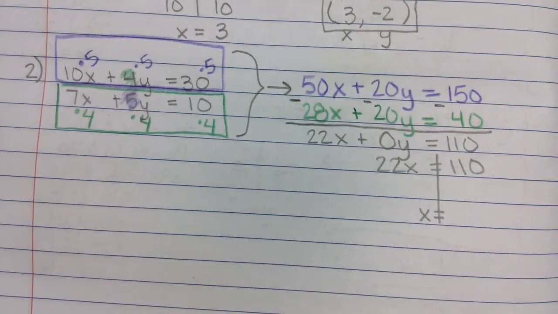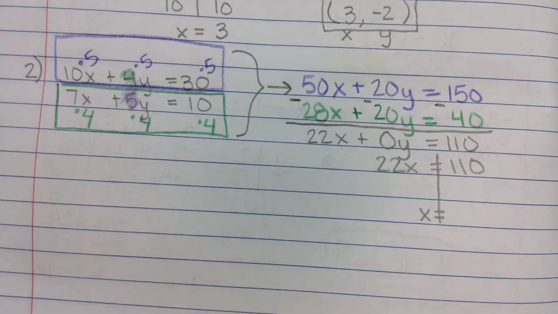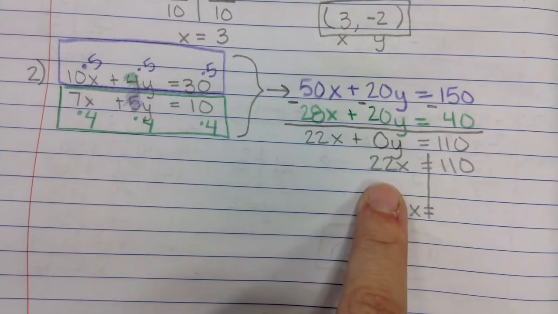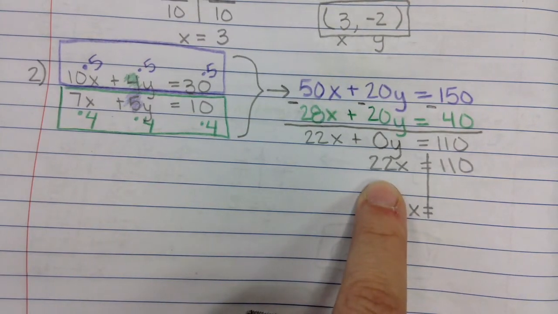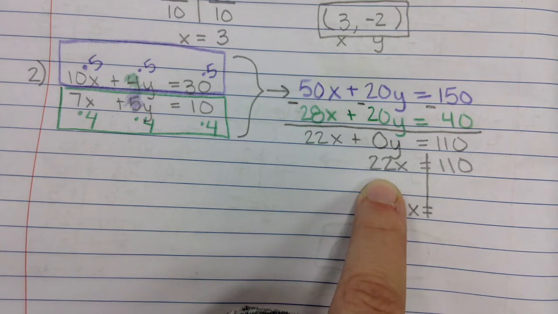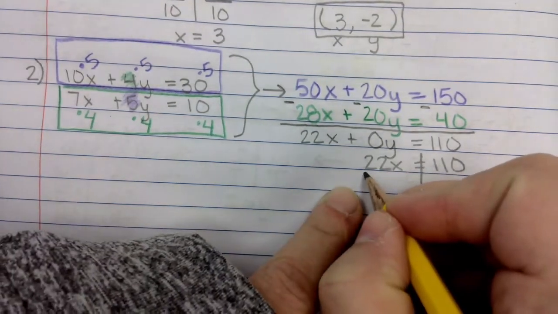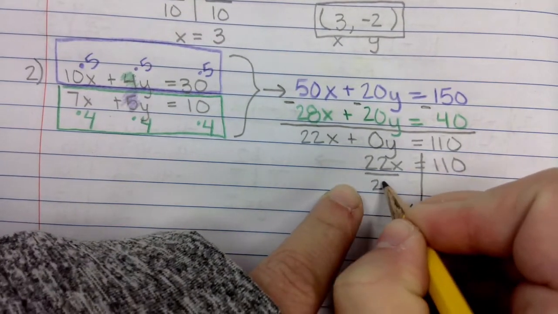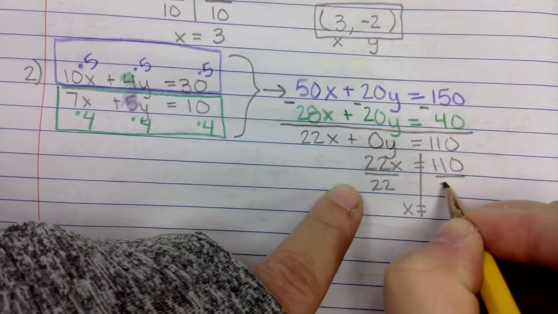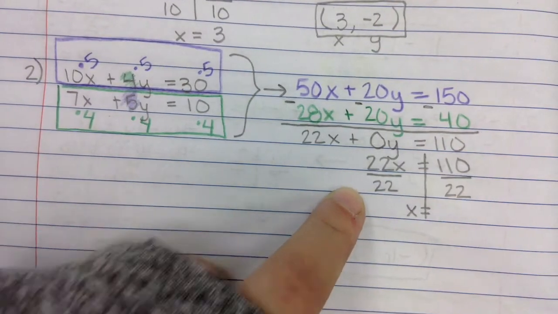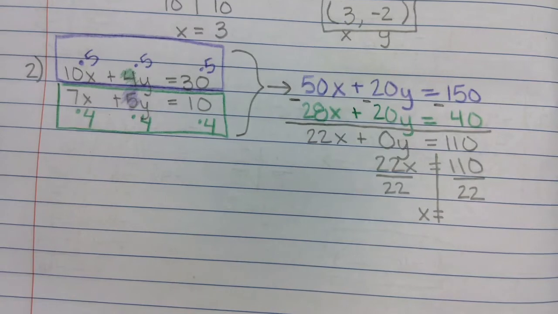What are we doing with them currently? Multiply. How do we undo multiply? Divide. Good. And remember with that division, you can either use that line, or you can do that dividing symbol with the 2 dots. All right. 110 divided by 22. x equals 5.